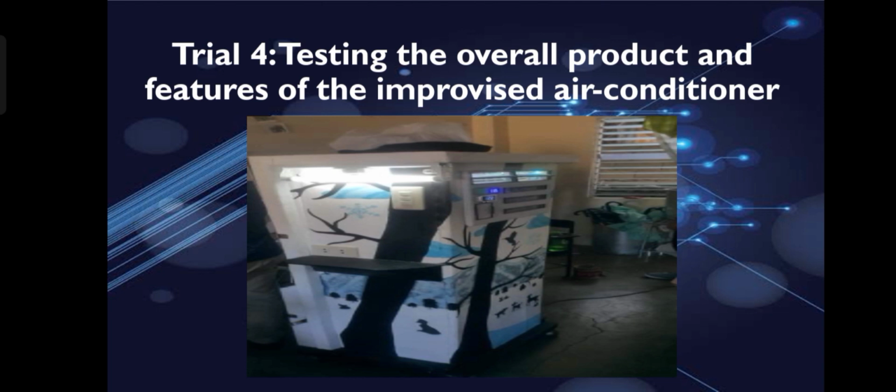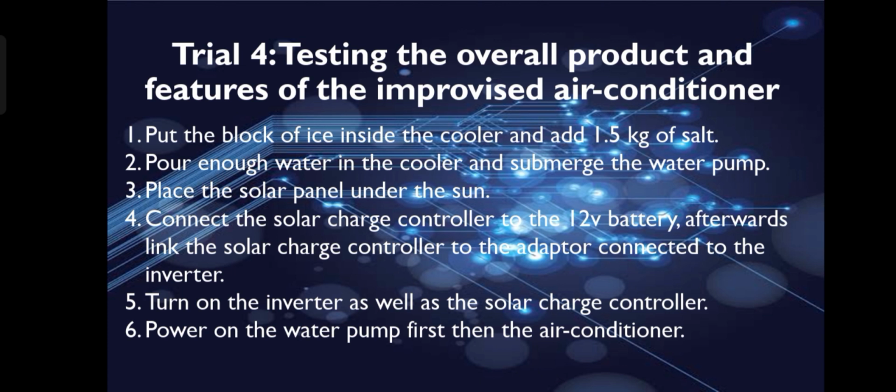Last trial, testing the overall product and features of the improvised air conditioner. In this trial, we put the block of ice inside the cooler and add 1.5 kg of salt. Also, pour enough water in the cooler and submerge the water pump.